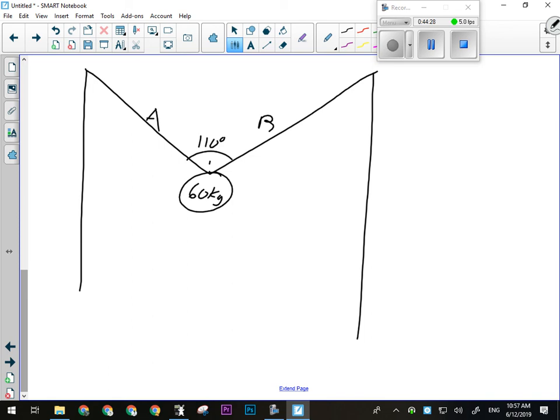What do I have to recognize about this question? Even before I get to that point, I have to recognize that the net force is 0. Then I can say each rope is going to bear half of the weight of the sign or of the light or whatever this thing is.